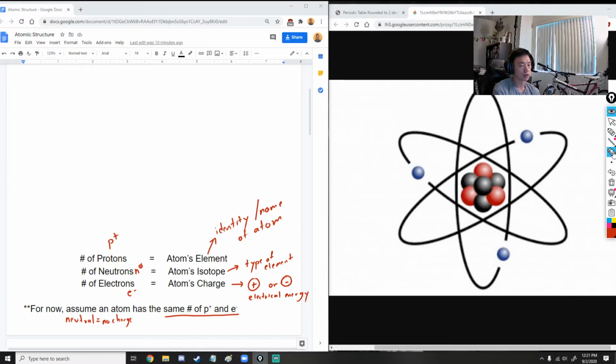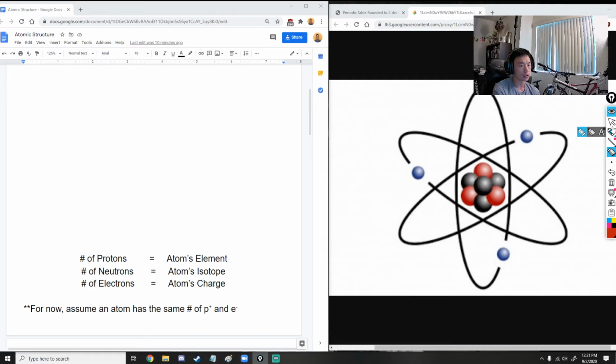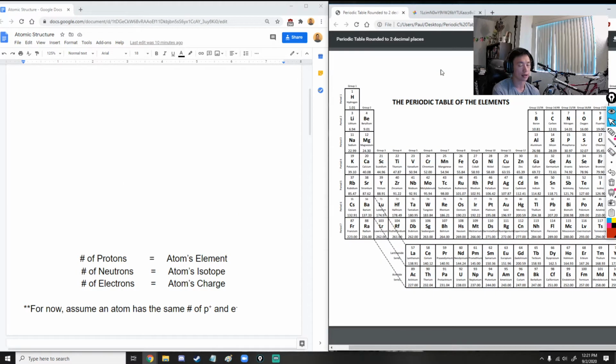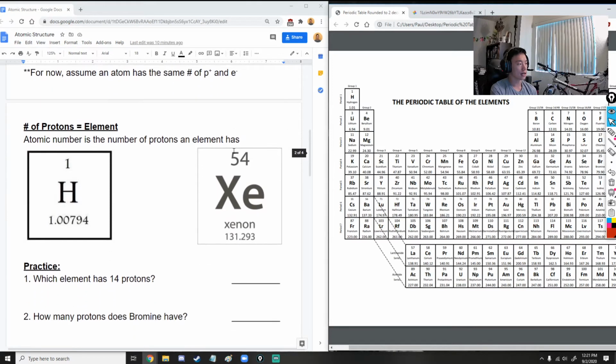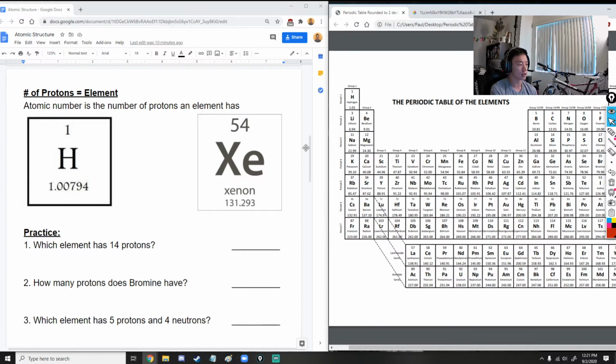Alright, so what we're going to do now is take a look at the periodic table. Make sure you pull that up because we're going to be referring back to this for the rest of the class period. We said that the number of protons tells us what element the atom is.